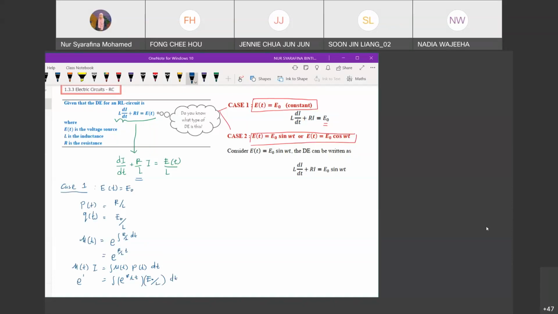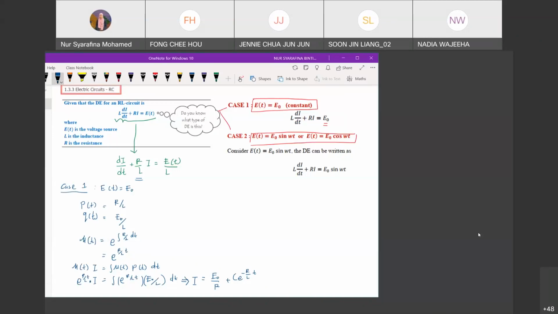And mu is exponent R over L t times I. Right? Clear? So solving this, you can have your I. Right? I equals, by looking at your notes, E naught over R plus C e to the minus R over L t. Just solving the integration process, simplify and factorize to get the value of I there.